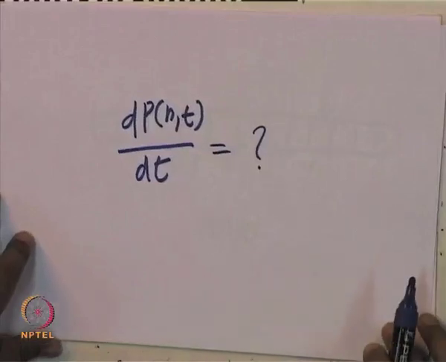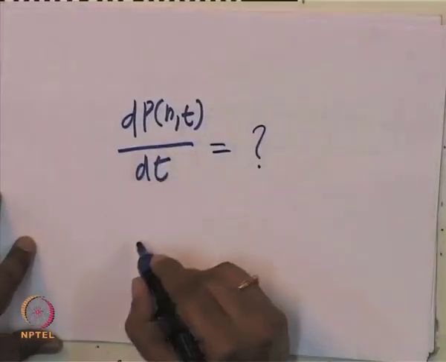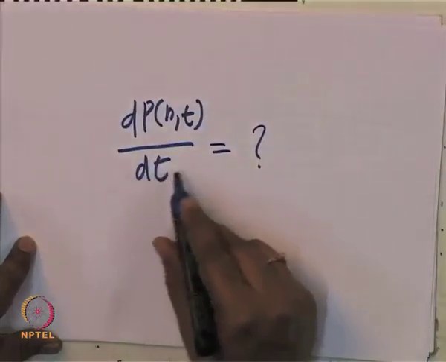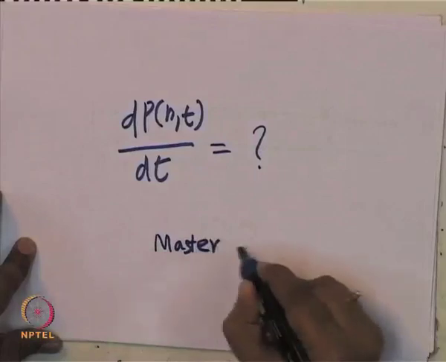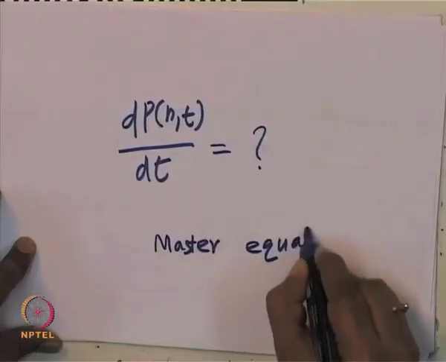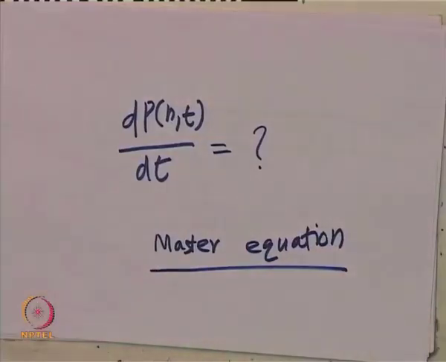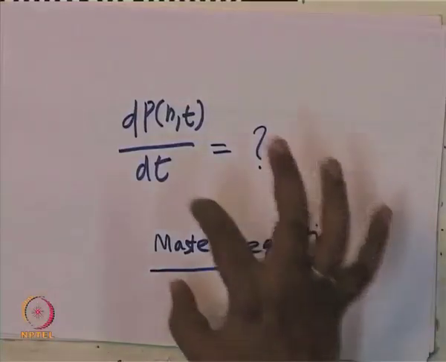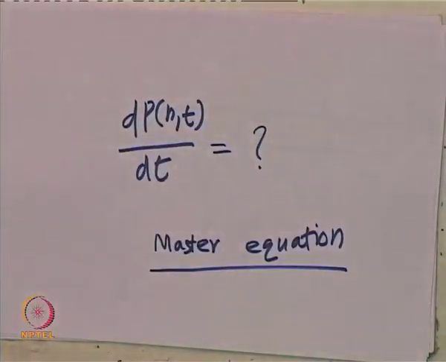This equation for the change in probability dP/dt is called the master equation. If you write the equation for probability, typically it is called a master equation. Master equations are typically equations for probabilities. So, we will write how this probability changes with time.